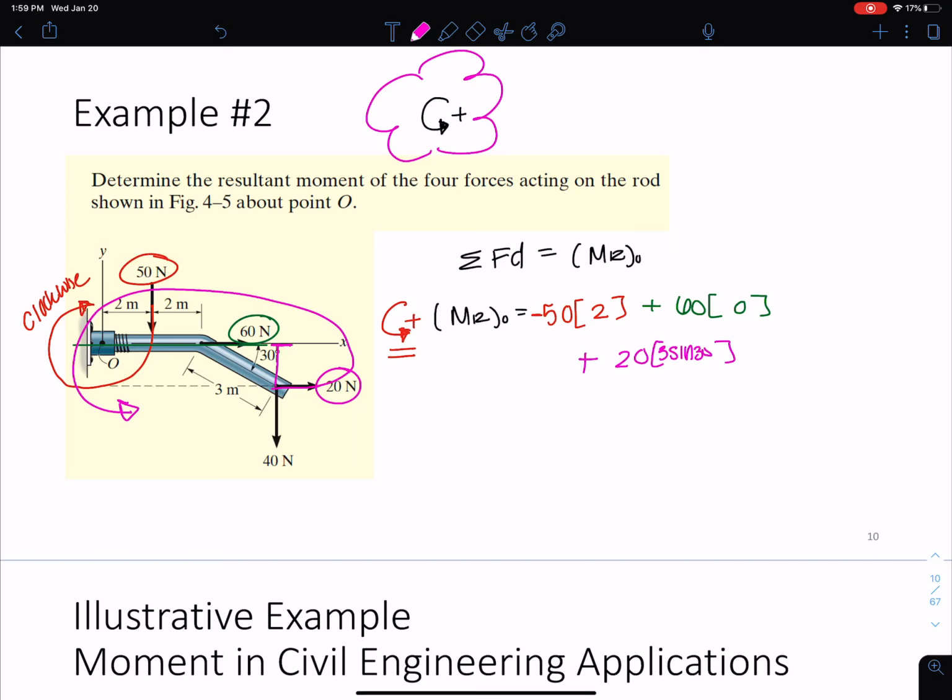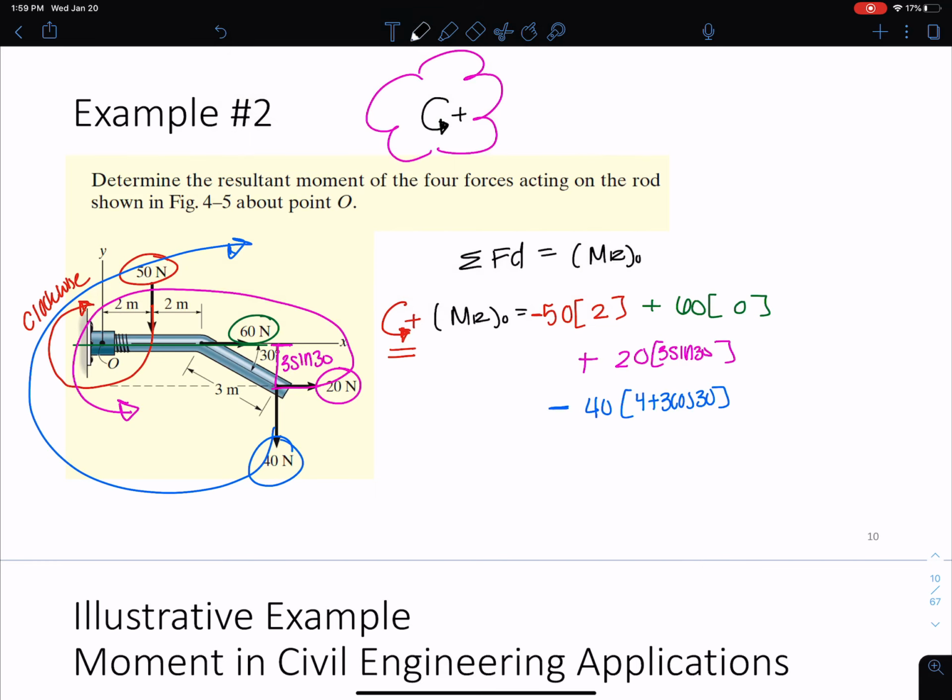So if the hypotenuse is 3, this is 3 sine 30, and that's the distance away. And then my last one I'll do in blue, which is the 40 Newton. So I have 40 times a moment arm now of 2 plus 3 cosine 30. So I have 4 plus 3 cos 30. And the 40 is going to make a clockwise rotation, so minus that.